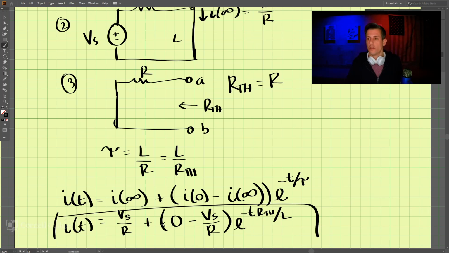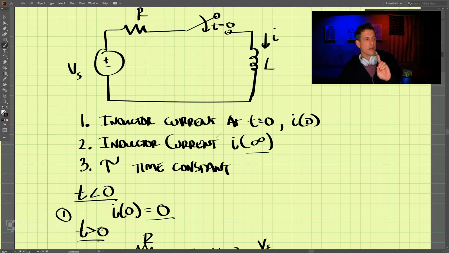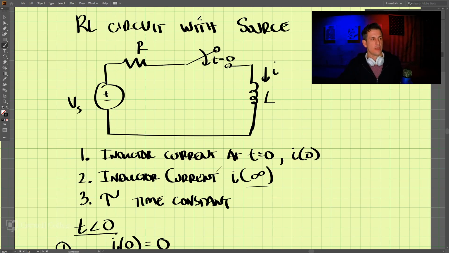So these are both ways of solving, with a capacitor and an inductor with a source.